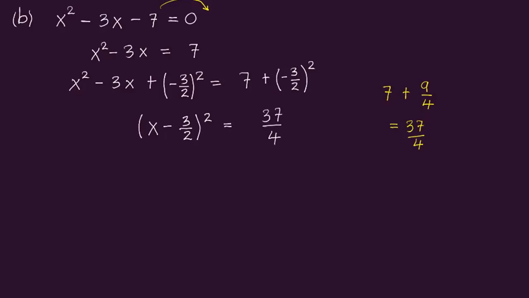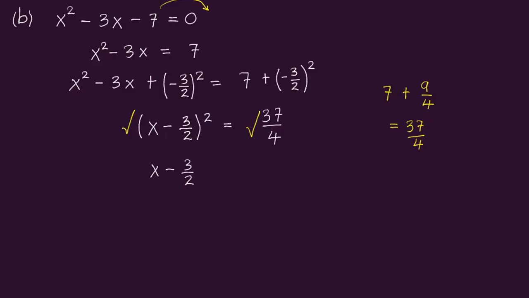And now the next task for us is to remove the square so that we can get down to finding the value of x. So we introduce the square root on both sides. If we square root both sides, the left hand side will now be x minus 3 over 2. It removes the square. And the right hand side is now the square root of 37 over 4.